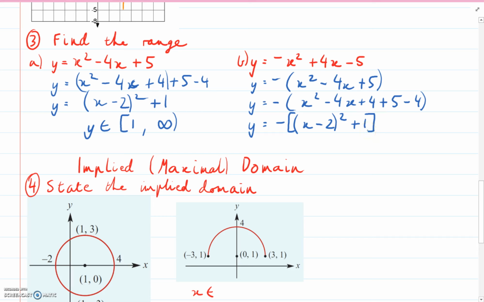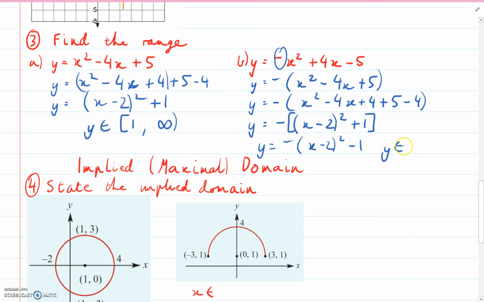And just be careful when you're multiplying in this negative or any value you've taken out. You can't complete the square when you've got anything in front of your x squared term. So this is going to become negative bracket x minus 2 squared minus 1.